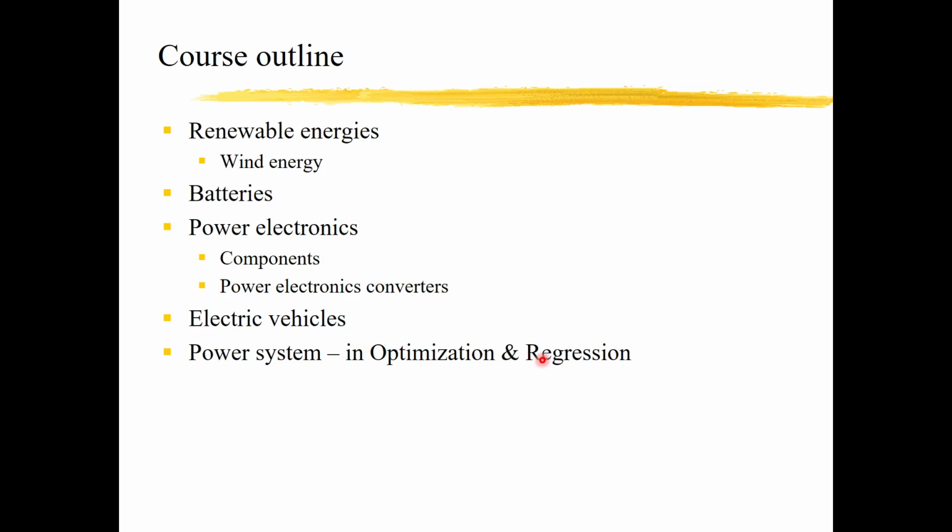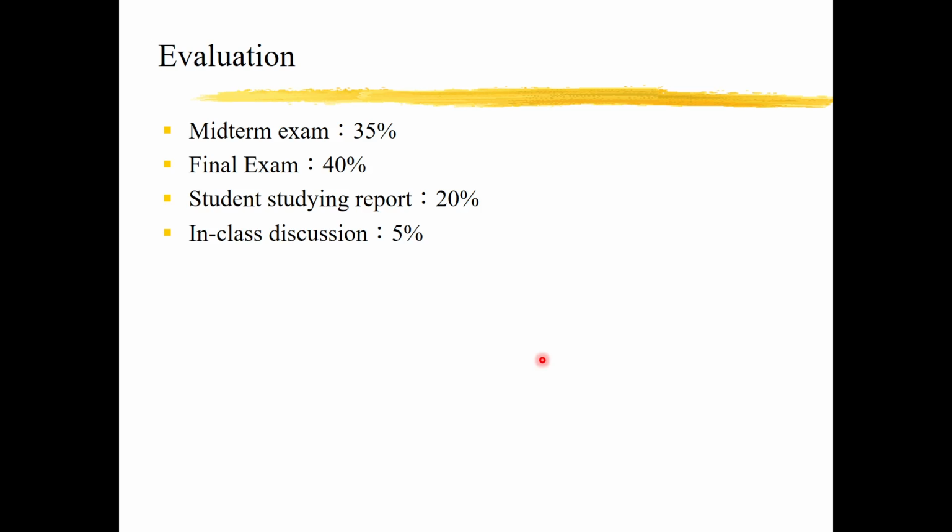system problems. Okay, this is the whole semester's course. For the evaluation of this course, there are a midterm examination and the final term examination, and all the scores will depend on the two examinations. And there is a report.